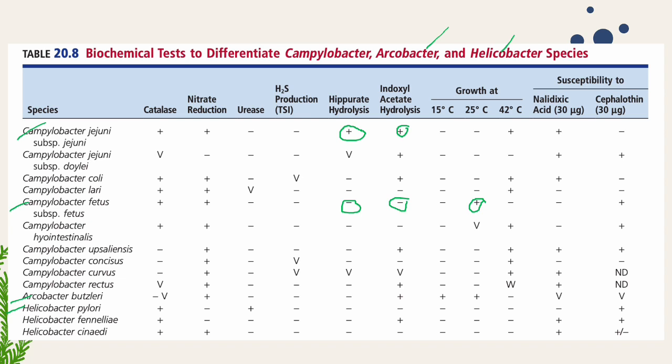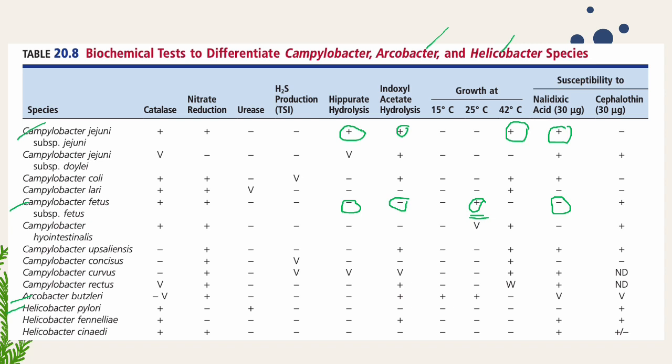Normally, for your Campylobacters, they grow at 42 degrees Celsius. So, kung yung Campylobacter jejuni natin, ayan, 42 degrees Celsius, while your fetus, this is the only exemption under your Campylobacter, which usually grows at only 25 degrees Celsius. Next, for ano pa? Nalidixic acid susceptibility test. So, positive si jejuni, negative si fetus. So, madami silang kaibahan.